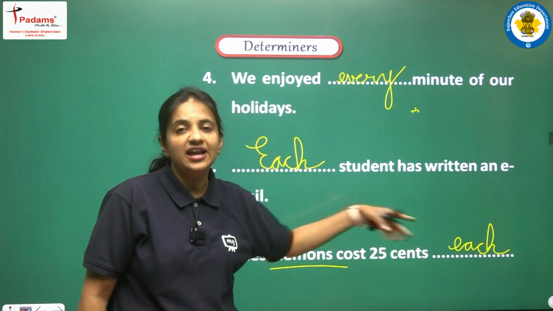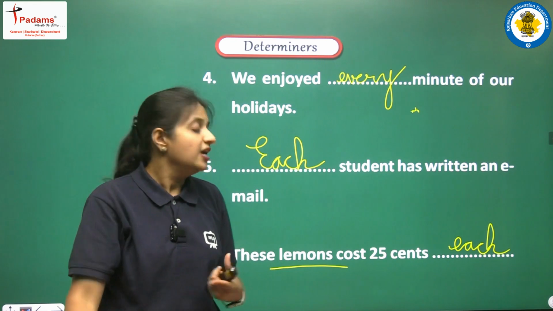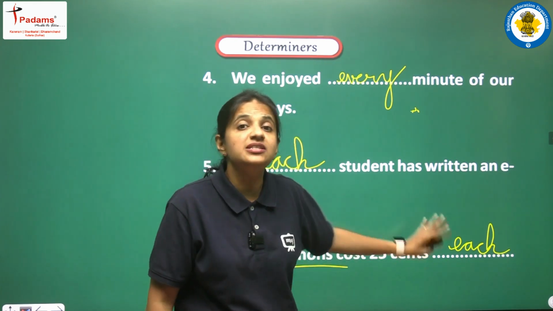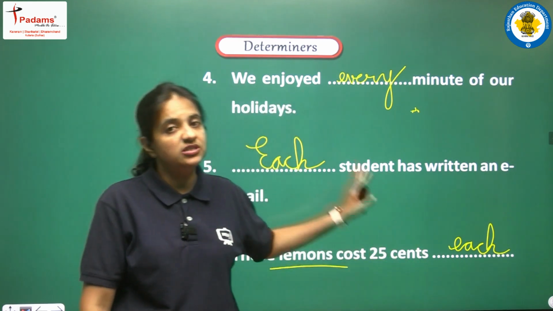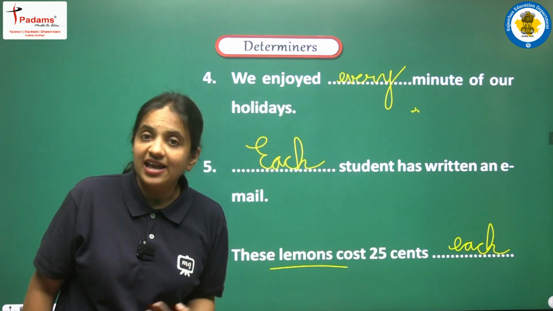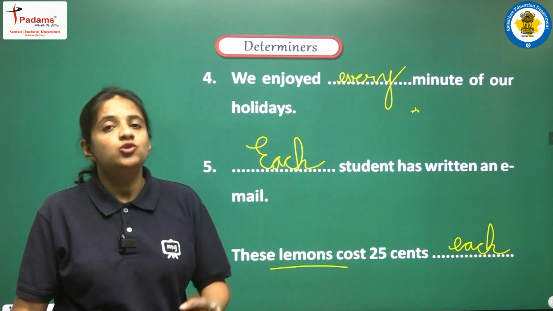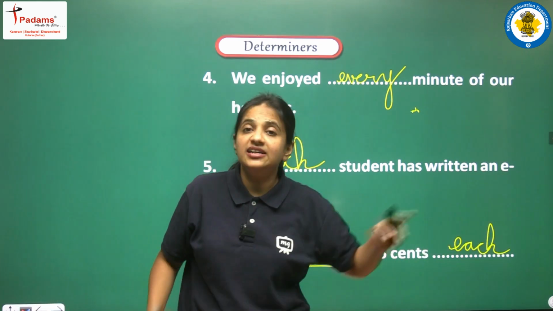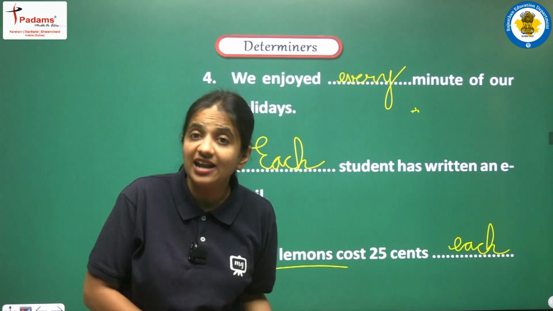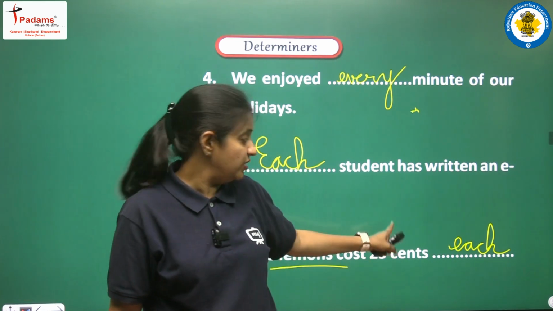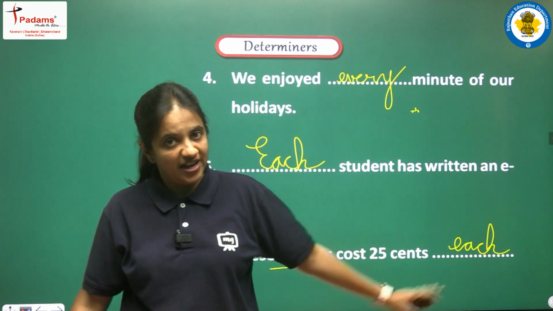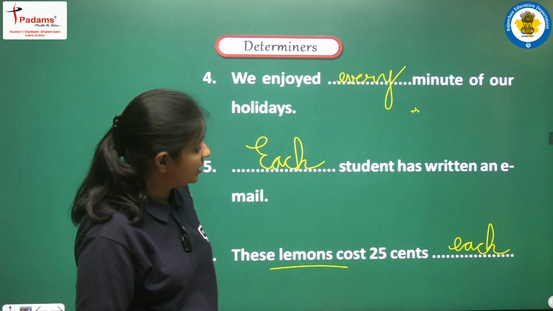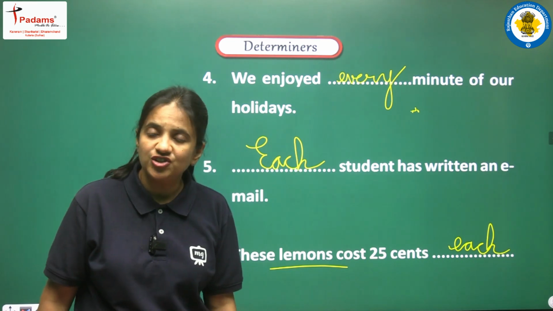It means we are telling the price of 1 lemon. Whether there are 10 or 15 lemons, the price of each lemon is 25 cents. Alright, so the complete sentence will be: these lemons cost 25 cents each.